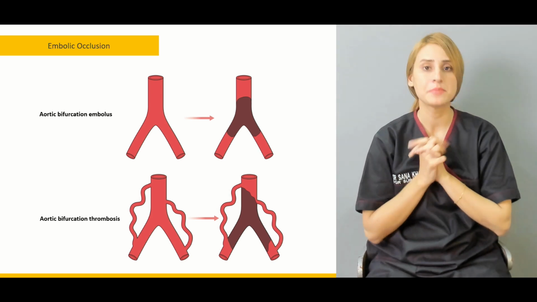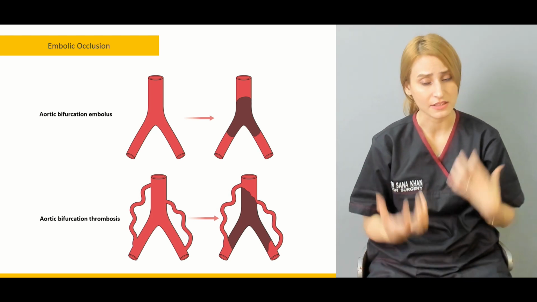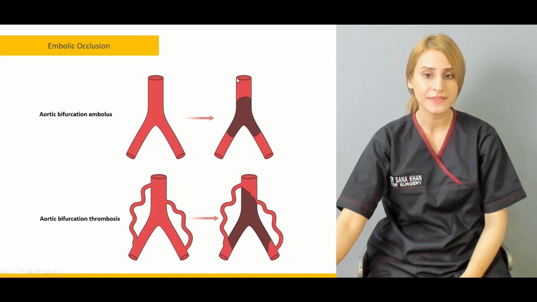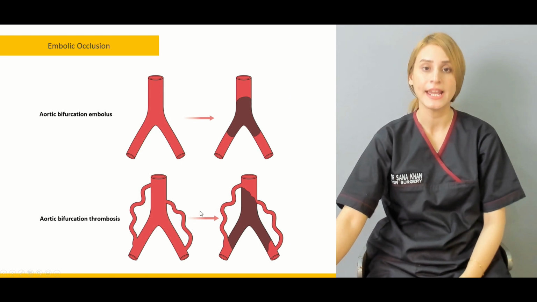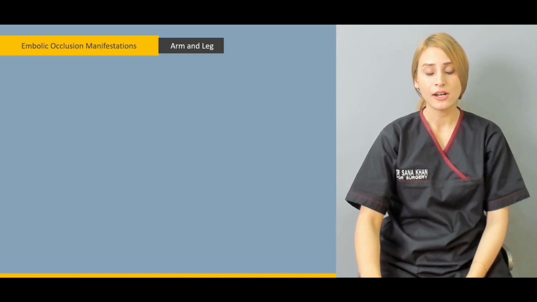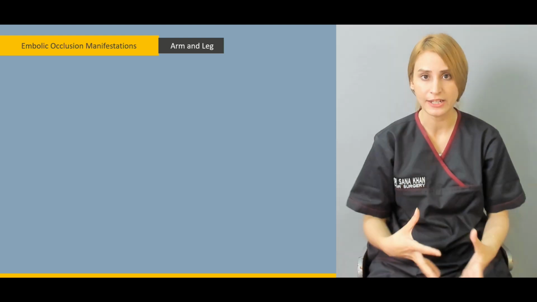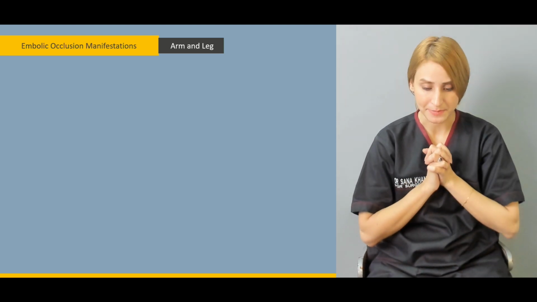But in case of emboli, because it's an acute emergency and the collateral vessels are not there, there is an acute obstruction, and this occlusion ultimately makes the patient symptomatic. Embolic occlusion manifestations can be in the limbs, the brain, the eyes, or the abdomen.